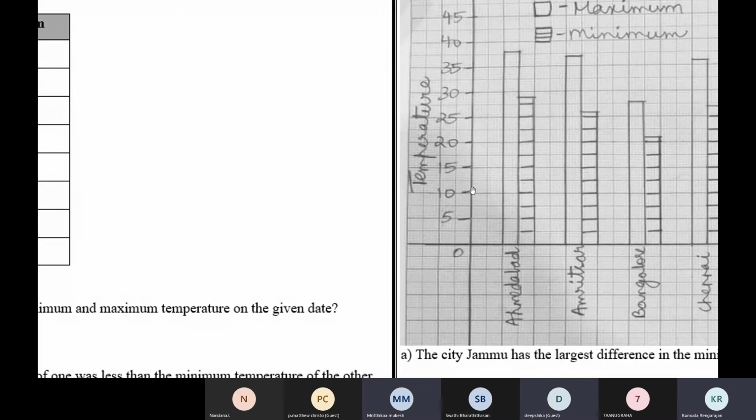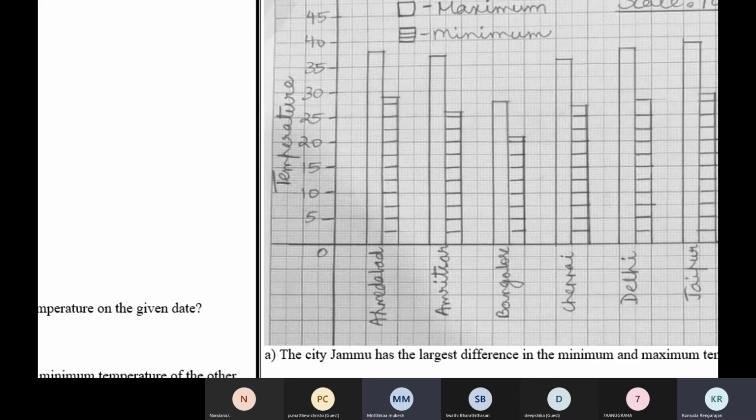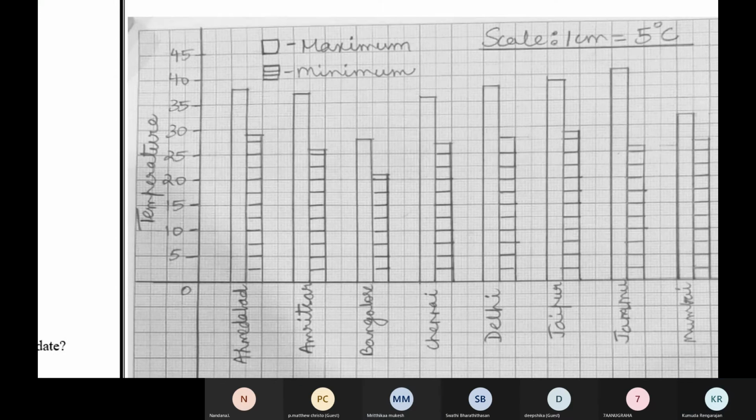Ma'am, in this, you told how to read the subdivision. If we divide 10 by 10, it's 1, no, ma'am. Yeah, 10 by 10 is 1, but here what is it? 5, ma'am.